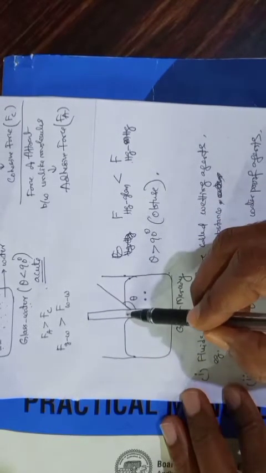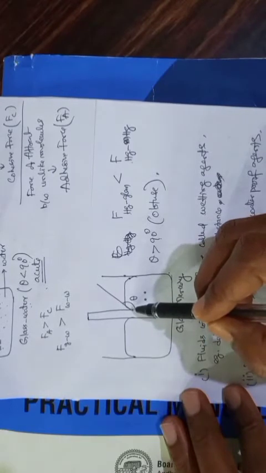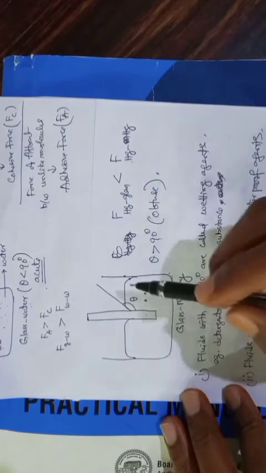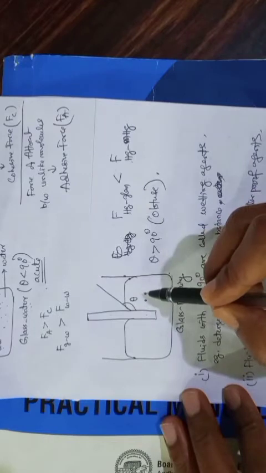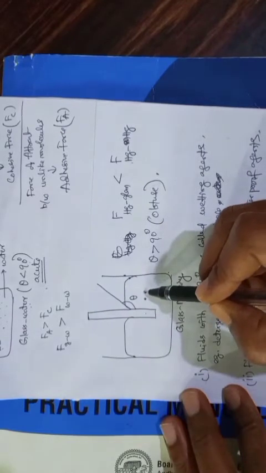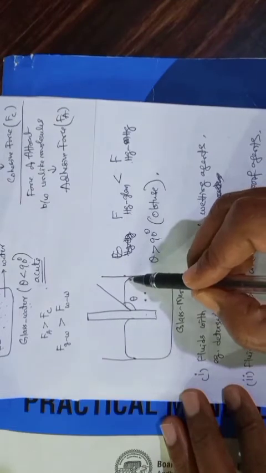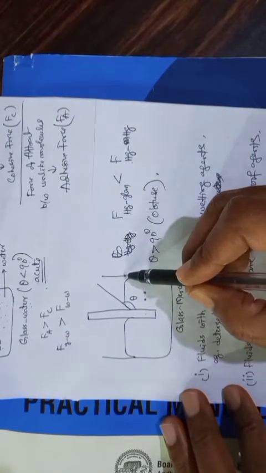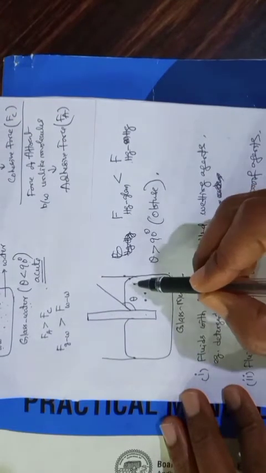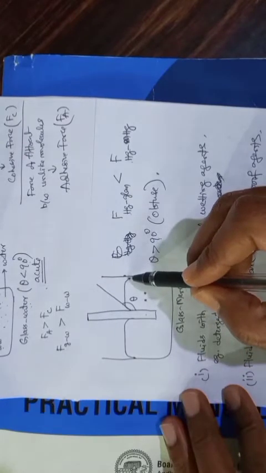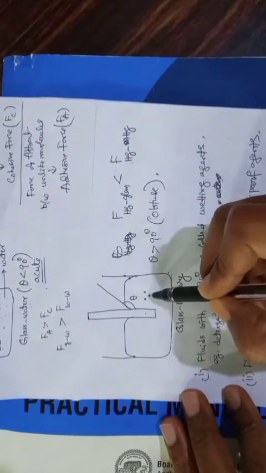Near the glass rod it has fallen down. Why? It means the force of attraction between mercury molecules is more, and the force of attraction between mercury molecules and glass molecules is less. That is, here the adhesive force is less than the cohesive force.